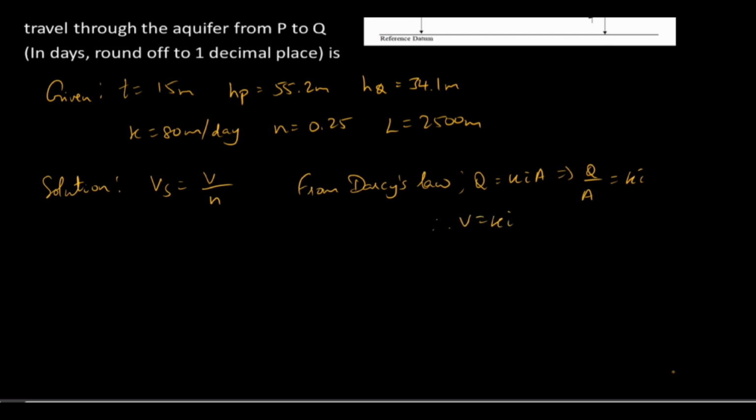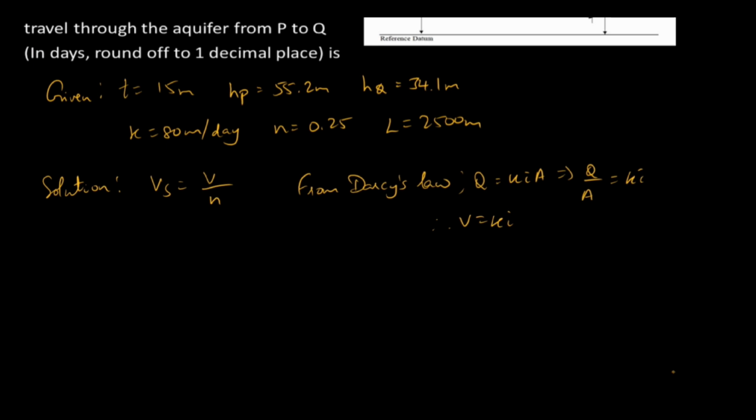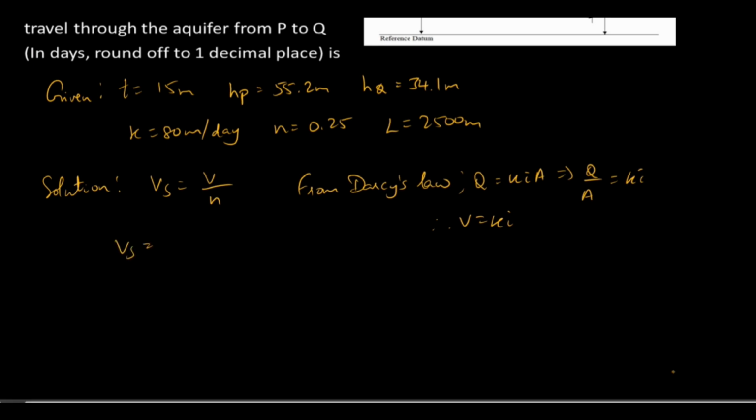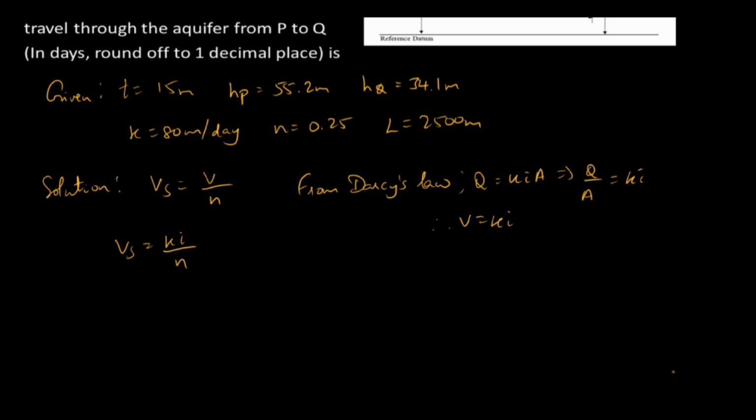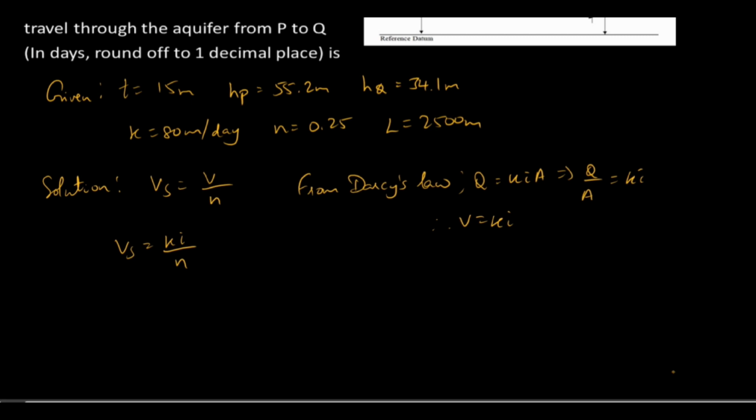Therefore, V equal to Ki, where V is the discharge velocity. So, Vs is equal to Ki by N, which is also equal to length, that is distance traveled, by time taken.